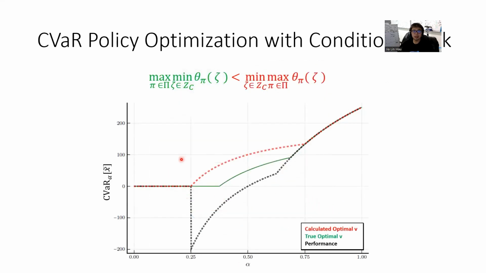What it means is that if you use this dynamic program, you will overestimate your value functions. When you use it in an MDP, this is your calculated optimal value function, and this is the true optimal value function. When you deploy it, your performance is actually very bad compared to the true optimal value function. This is because you overestimate some suboptimal or really bad policy, and then when you actually deploy it, you realize it is really bad.